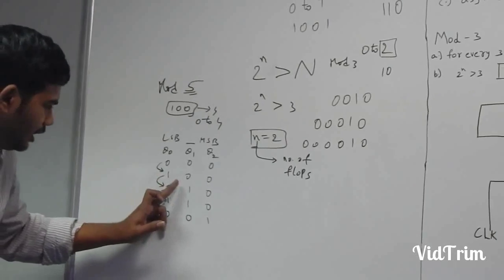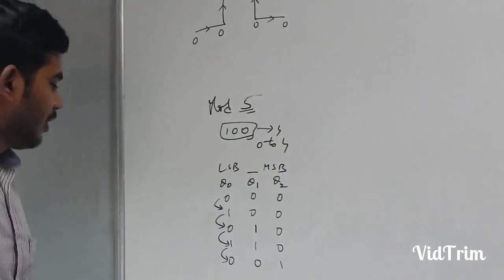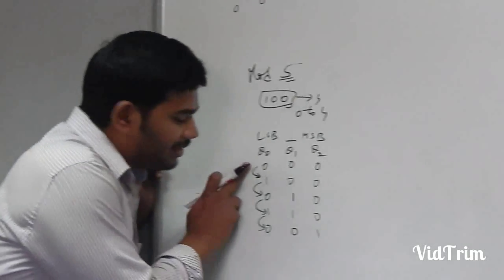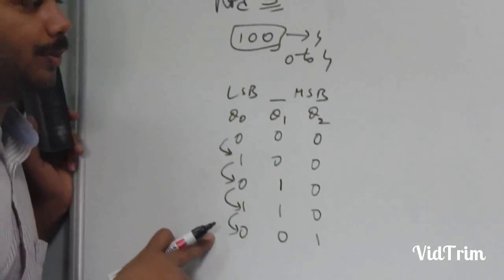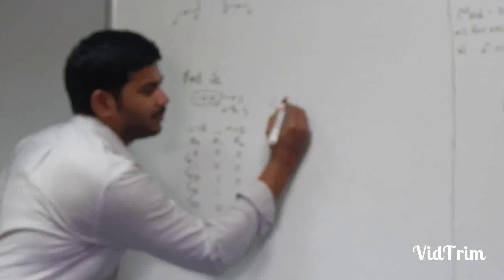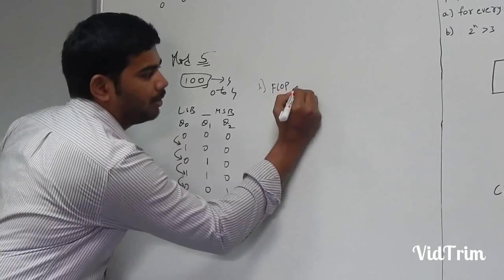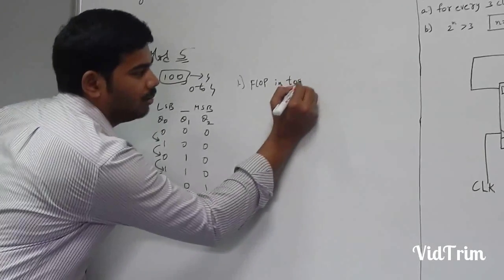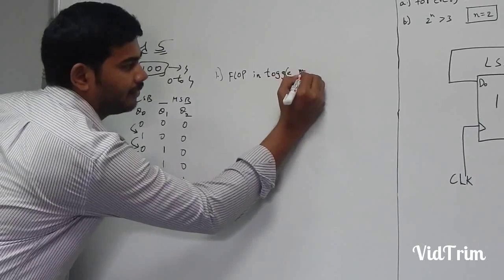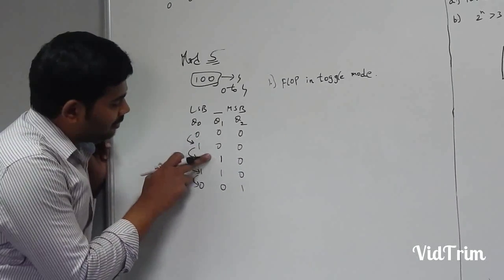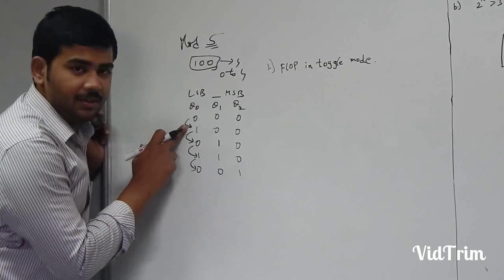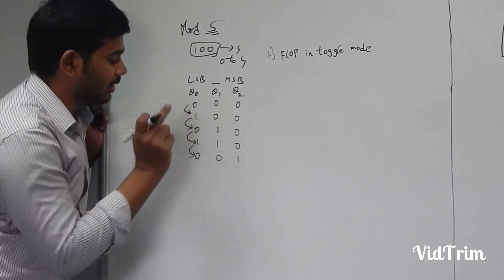Based on this toggling only it is toggling. If you clearly observe this first bit, it's toggling continuously. So our first requirement is flop in toggle mode. And if you can clearly observe this, based on this toggling, it is changing continuously.